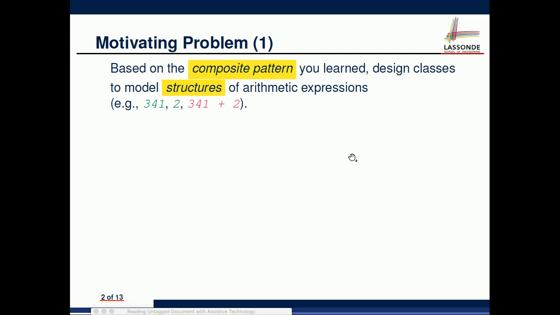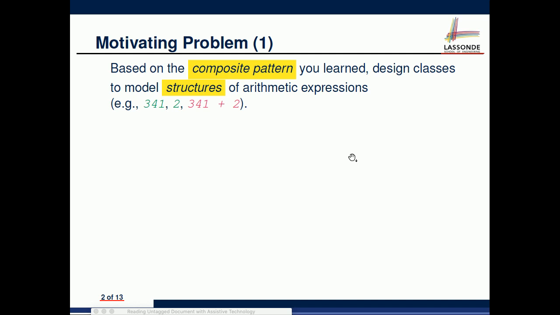Let's say we want to support a small expression language where we support integer constants, like 341, integer constant like 2, and then we also support composite language operations, like plus, right? Addition. And we can support subtraction, modulo, multiplication, and many other things. I'll just give you some examples here.